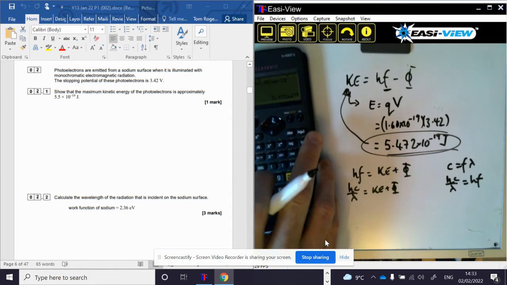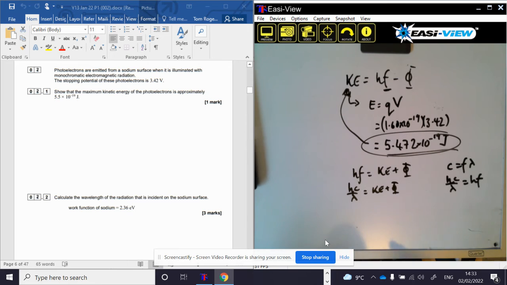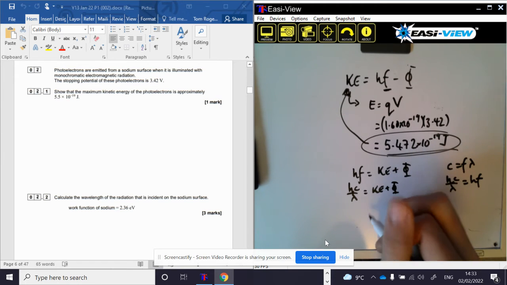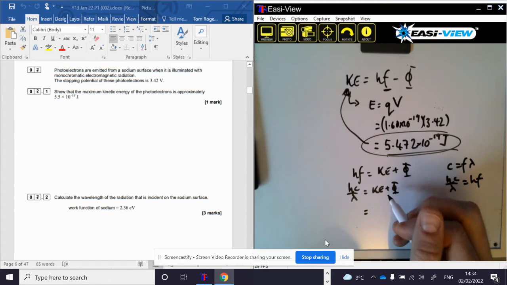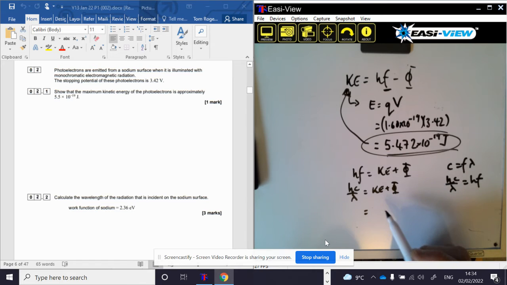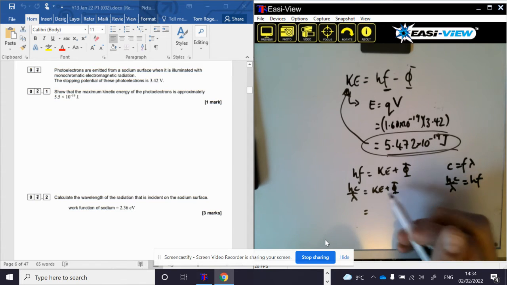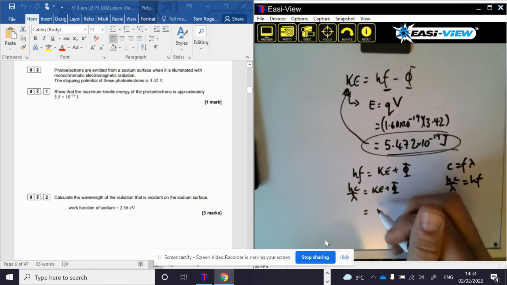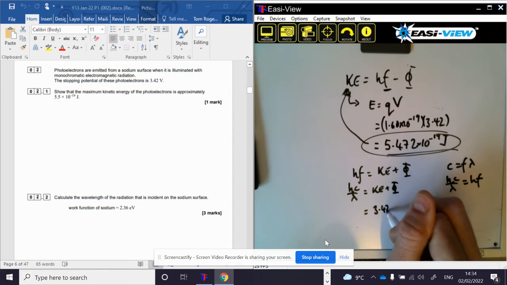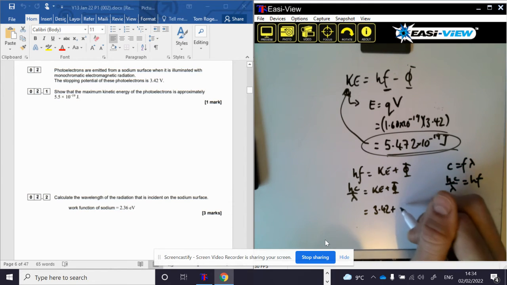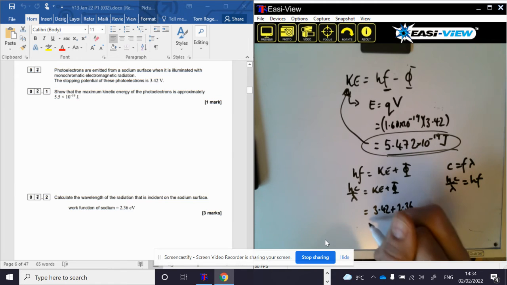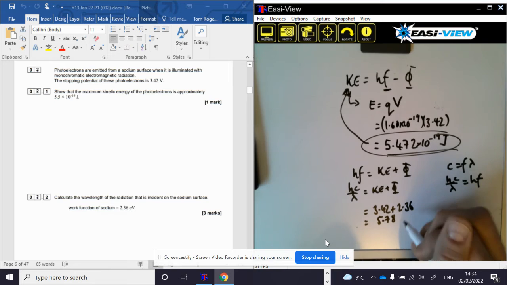What I'm probably going to do for simplicity is to actually calculate this in eV. So I've got 2.36 eV plus that 3.42 eV. Because it's in volts, I can add that to 2.36, and I get 5.78 eV as that value.